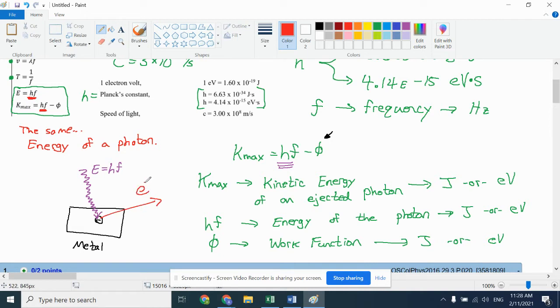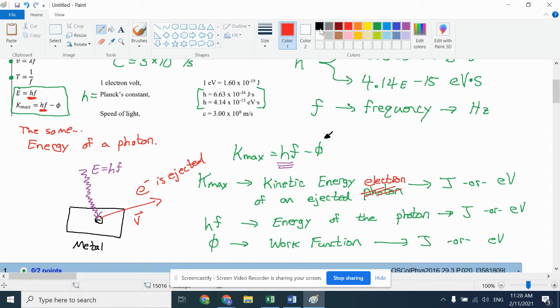The electron is ejected, and that means it's moving, which means it has a velocity or kinetic energy. That's where K max comes in: the kinetic energy of that ejected electron, in joules or electron volts.